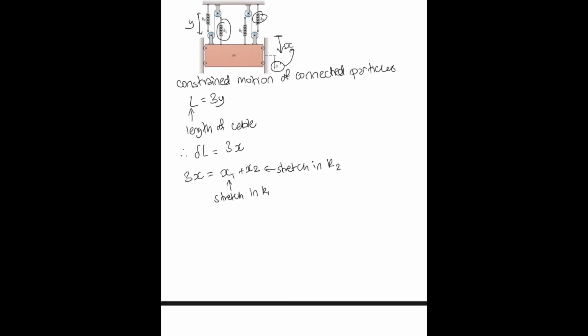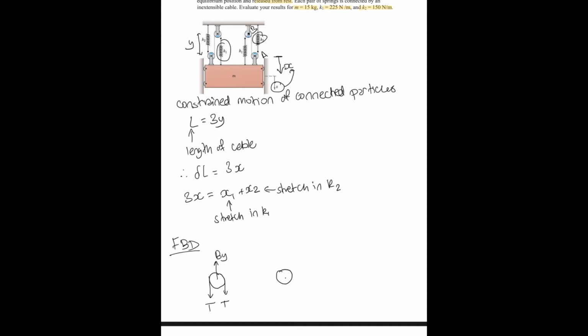Now let's draw a free body diagram to look at this question more clearly. So if we call this B and this over here A, we can start drawing a free body diagram for B and A. This is the normal reaction on the Y, and this is the tension in the cables.